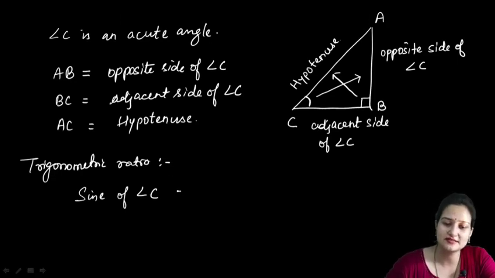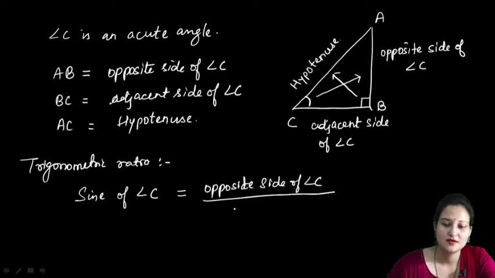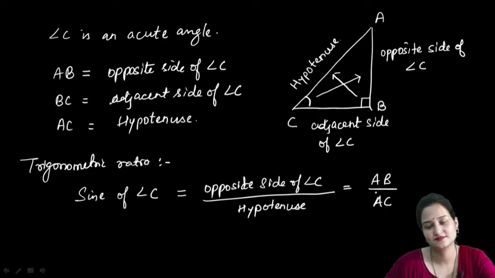Sine of angle C will be the ratio of the opposite side of angle C with the hypotenuse, which will be AB upon AC. That is the sine of angle C.